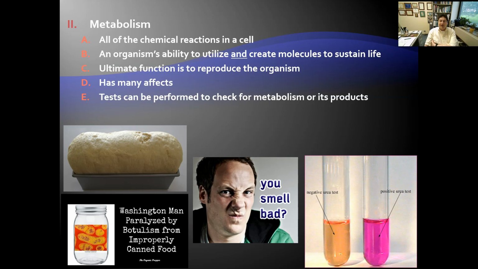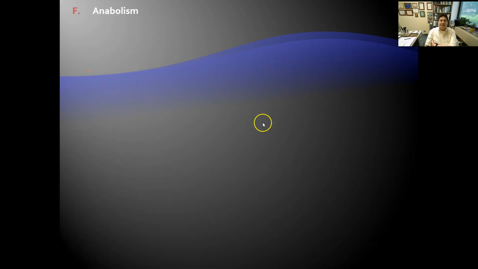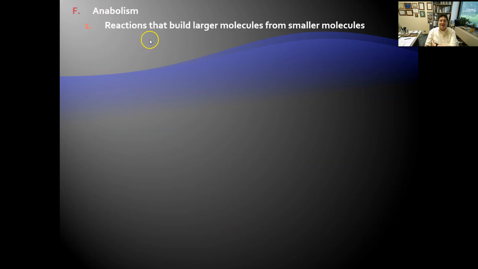Okay? Now, metabolism can roughly be broken down into two general categories. First, we have anabolism. Anabolism are reactions that build larger molecules from smaller molecules.